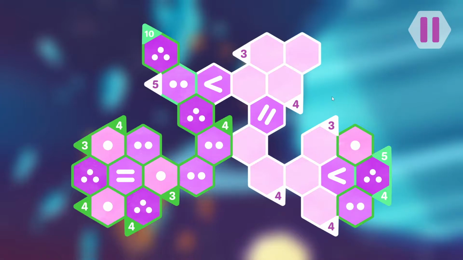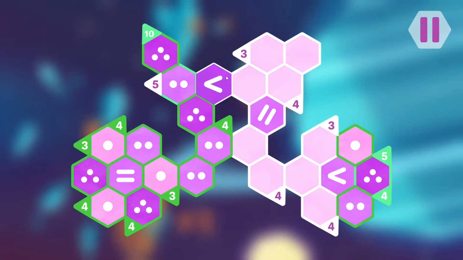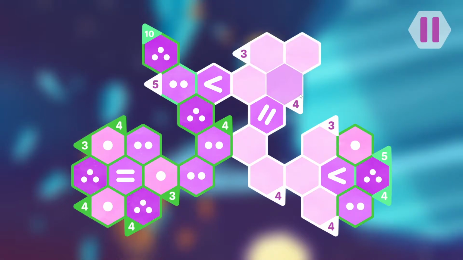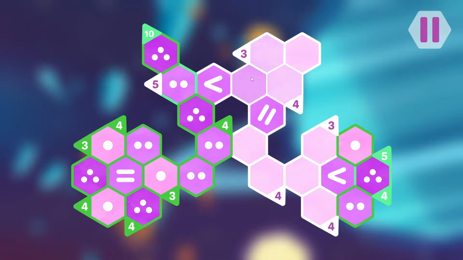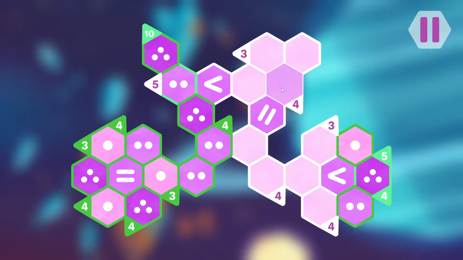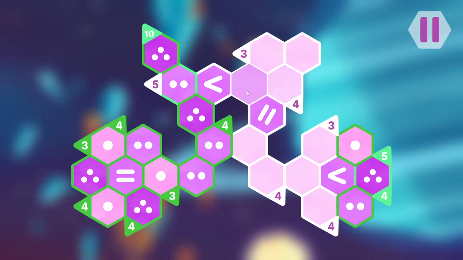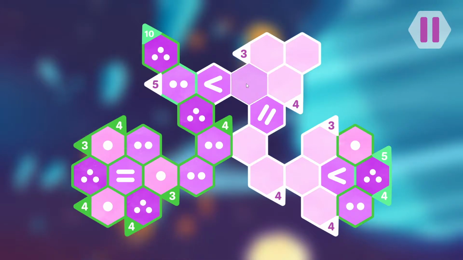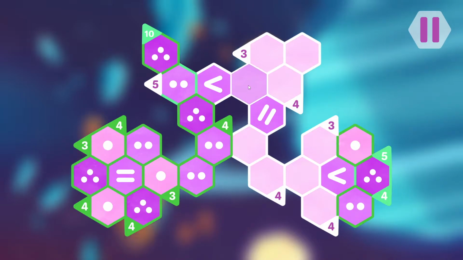What's next? Let's see. We have 3 over here, 4 here. We know those two give us 3. Okay, interesting here is that this cell is only connected or restricted by this sign, so it easily can be either 1 or 2.